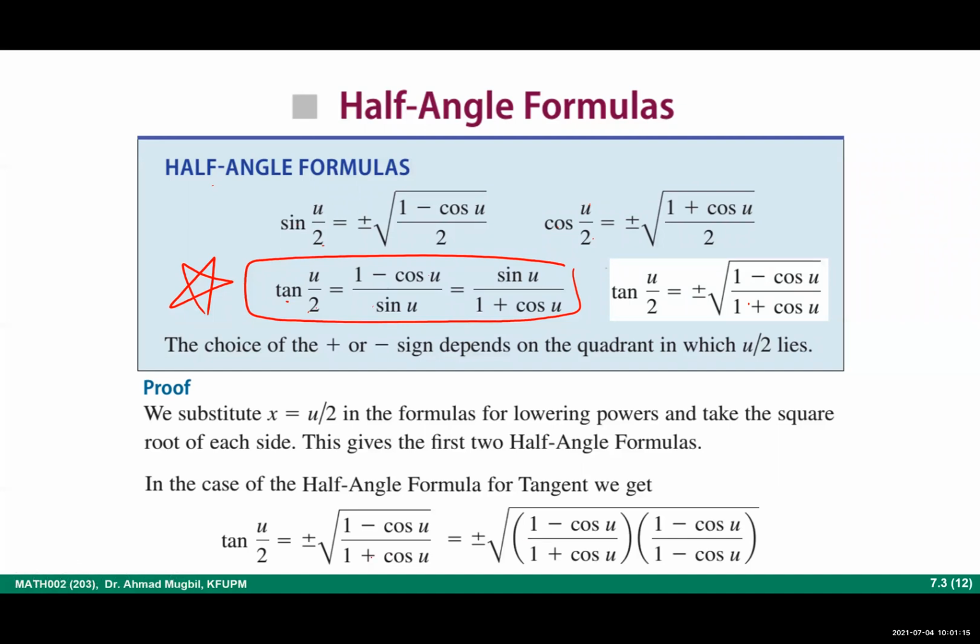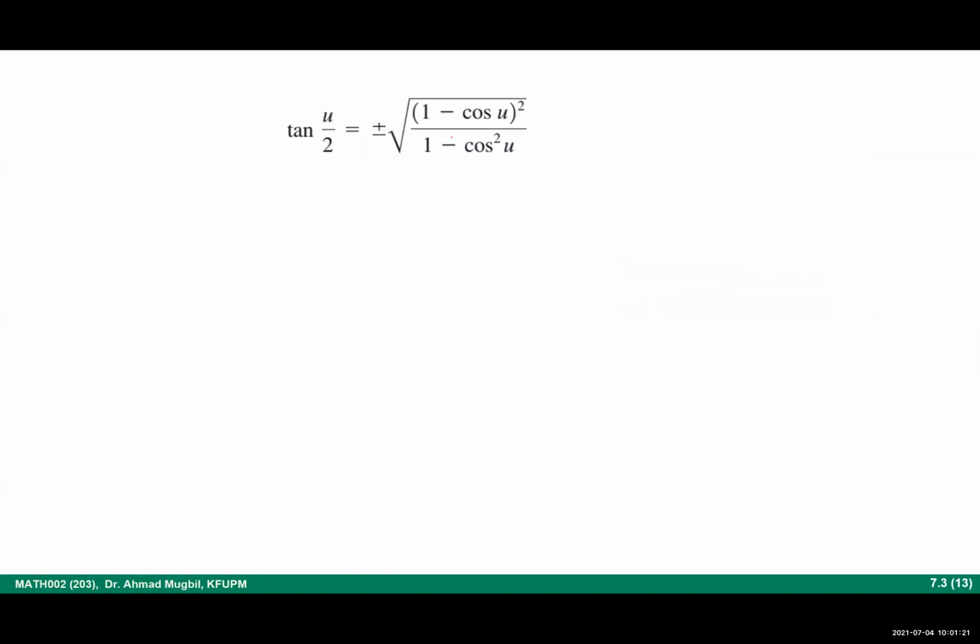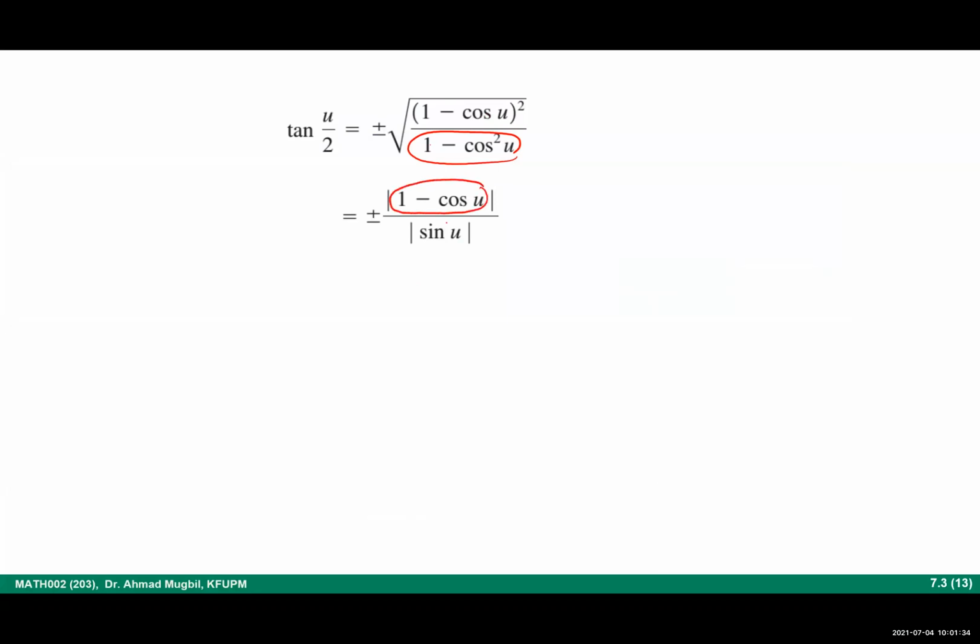Look, if you multiply by the conjugate of the denominator, you will have 1 minus cosine squared, which is sine squared. So under the square root, it will be the absolute value. Now this one is always positive. Do you know that? Because cosine u is between -1 and 1.